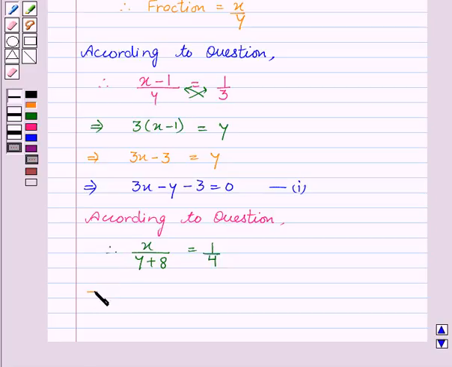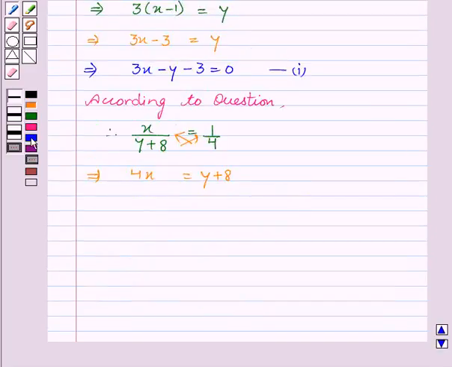This implies on cross multiplication we get 4x equal to y plus 8. This implies 4x minus y minus 8 equal to 0. This is our second equation.